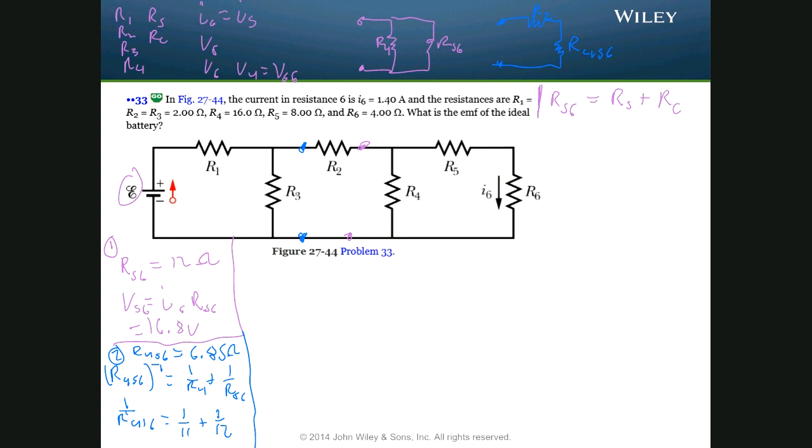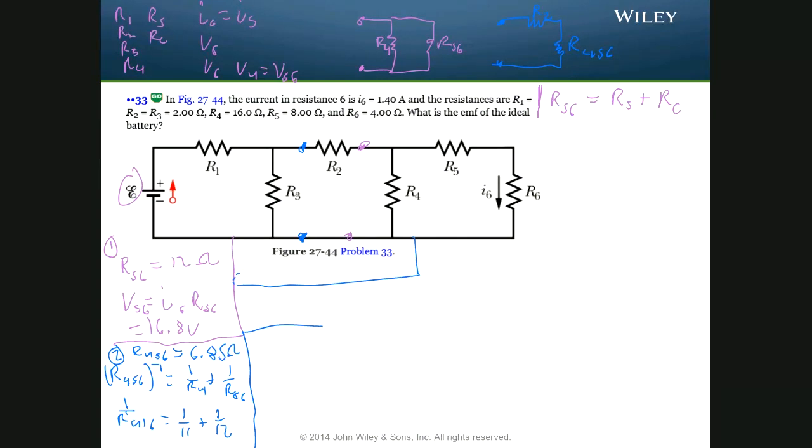So we have that, but we want to be sure we calculate everything we need before we move on. So once we got our, here, we had our voltage across R4. So we know the voltage across R4 and R6. So for 3, before we get started, we have one more thing.